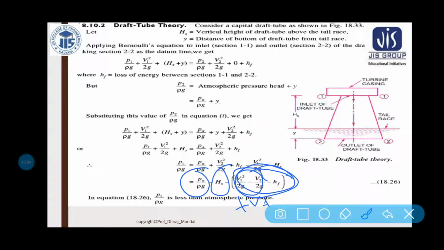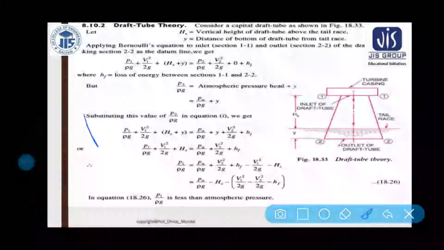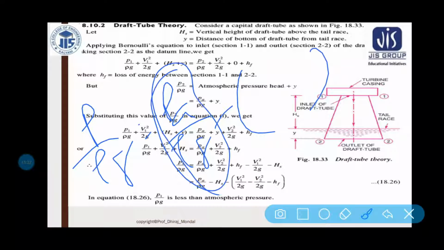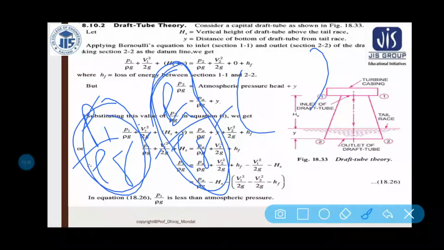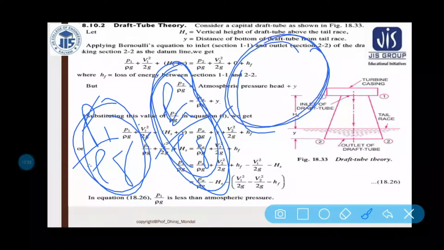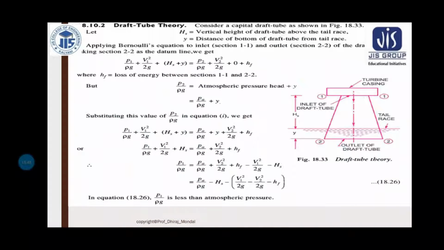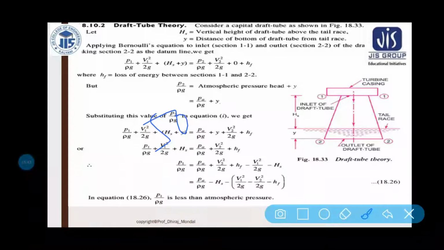So what we want to say is that P1 by rho g is equal to Pa by rho g, the atmospheric pressure head, minus some positive number, so the atmospheric head will be greater than P1 by rho g. For the inlet pressure head to equal the atmospheric pressure head, this part would have to be 0, but it has some positive value. That means we are just subtracting. Let us consider the atmospheric head as 100 and this deduction as 50, so P1 by rho g is 50.